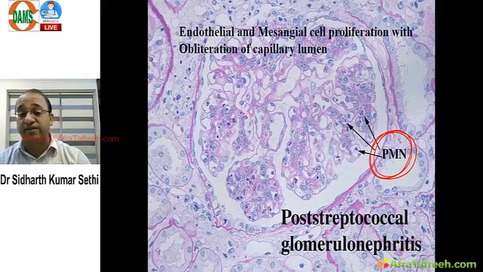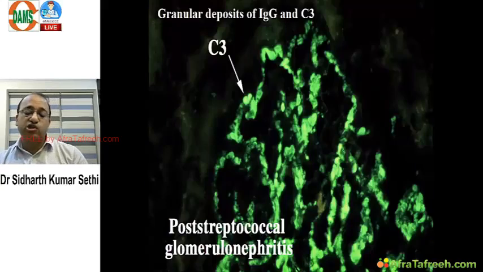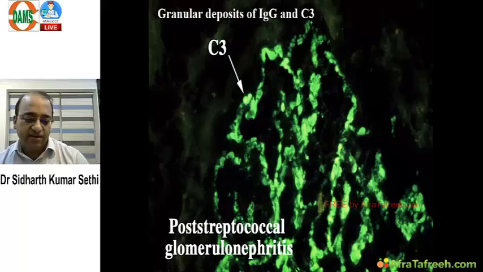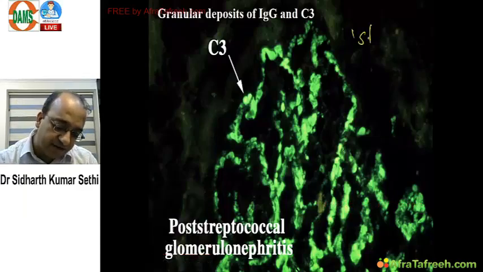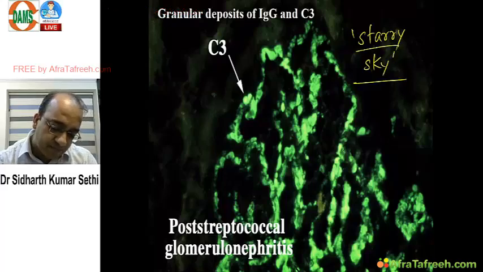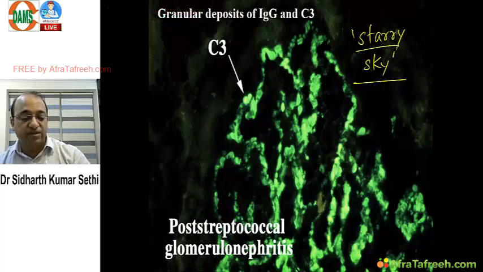Okay, neutrophil infiltration. And then on your screen here is an immunofluorescence. Can you see a starry sky pattern? This is called starry sky, starry night. They are granular deposits of IgG and C3.